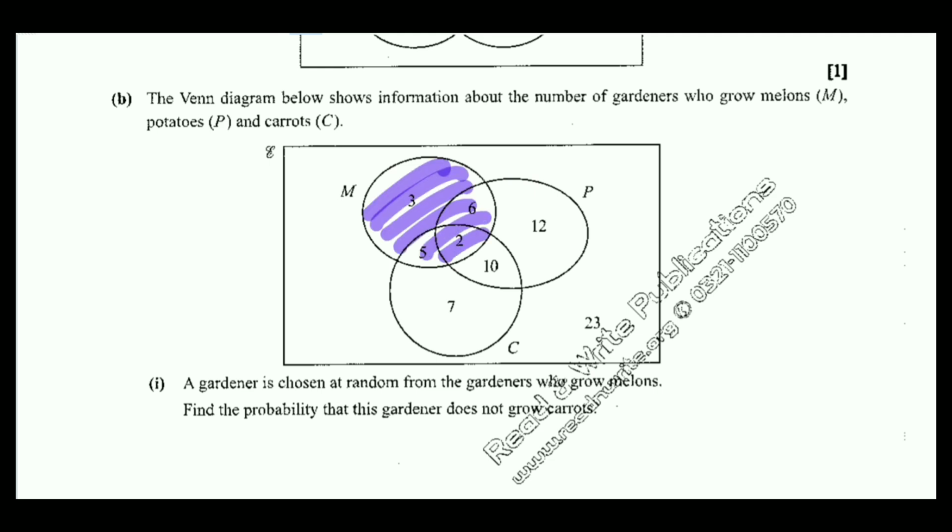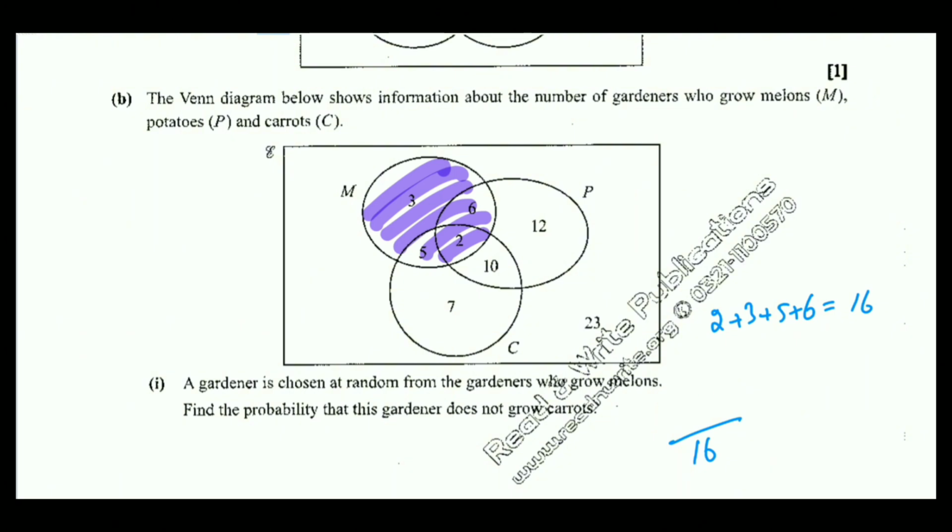Melons part is 2 plus 5 plus 3 plus 6, that is 16. 16 will be in the denominator now, because if you are going to choose something from a specific part, that specific part's total should be in the denominator. As in this question, a gardener is chosen at random from the gardeners who grow melons. So melons total will be in the denominator.